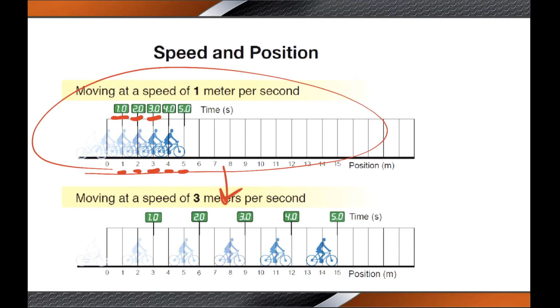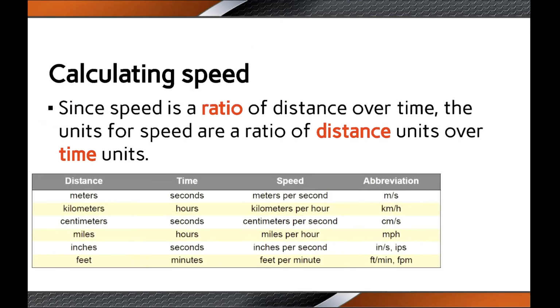All that means is that for every single second that passes, they travel 3 meters instead of the one before. Okay. Now we looked at what constant speed was. Constant speed, we have the same distance traveled for every single second, but there are other types of speeds.